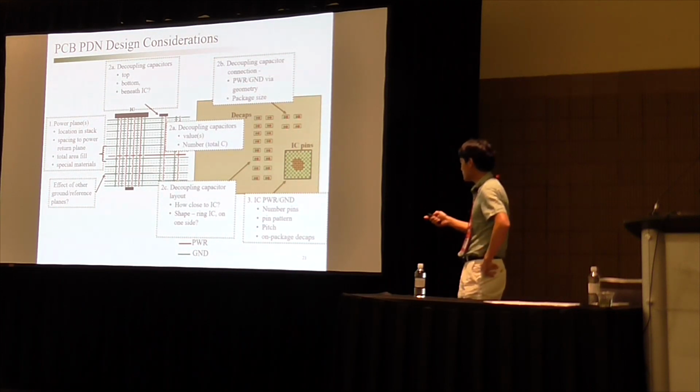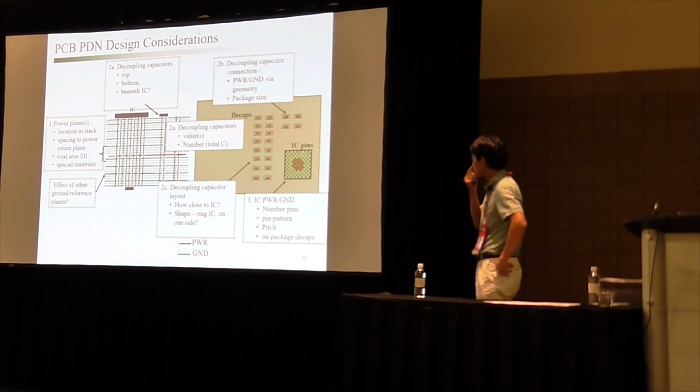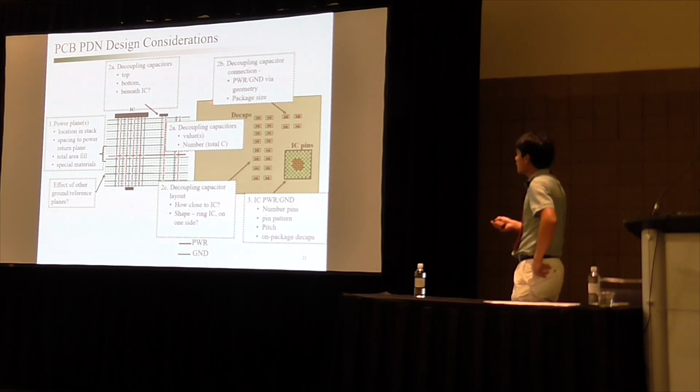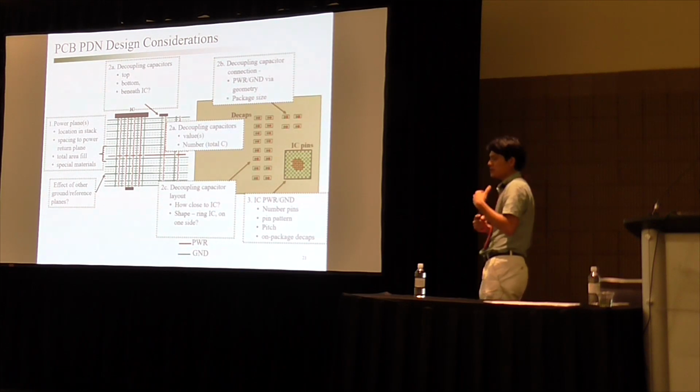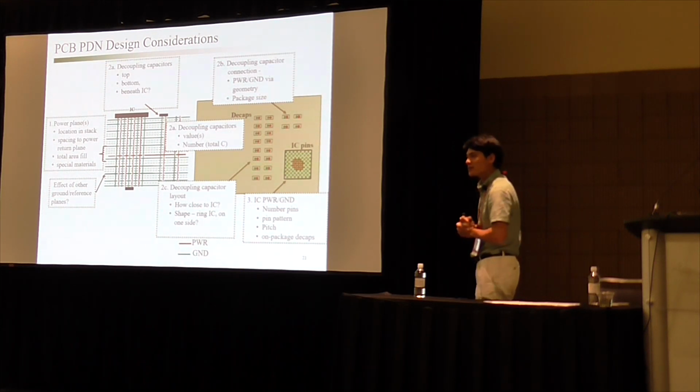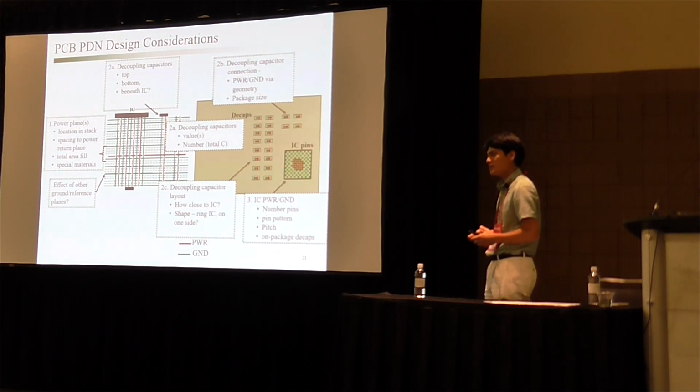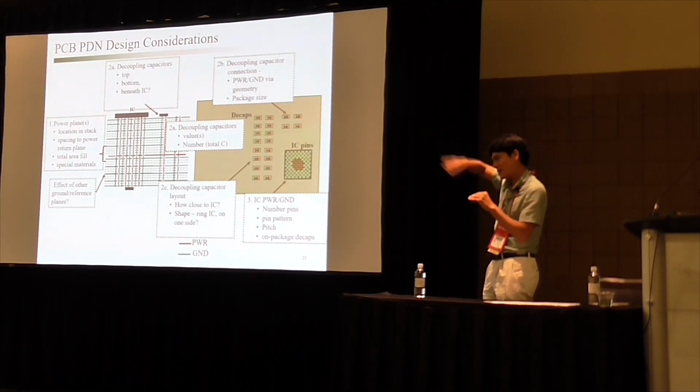And then, how many decoupling capacitors do we need, should they be close to the IC, and what size? All of these are related to inductance. Surprisingly, you can answer all these questions based on inductance analysis to satisfy that target impedance.